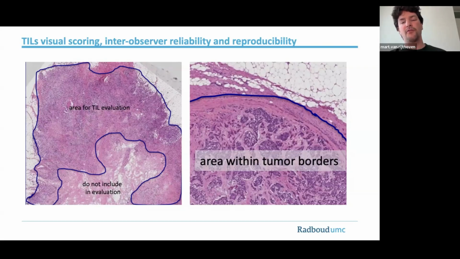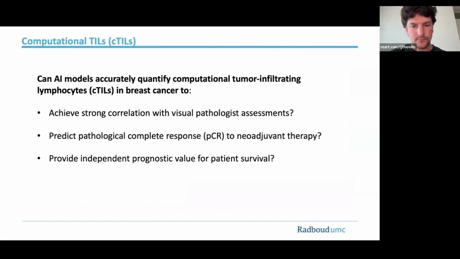So to overcome this and have reproducible results, we want to introduce an automated way to compute these tumor-infiltrating lymphocytes with AI. So that's also the question that we ask ourselves for this paper.